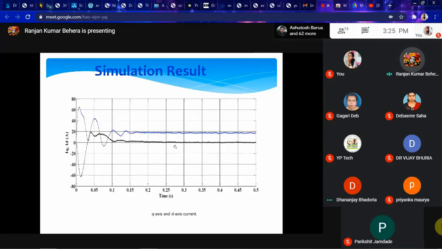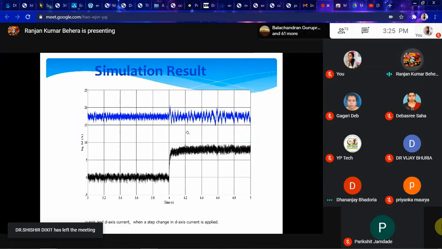And if you see the IQ and ID, they are decoupled. You can see that one is showing 0, another one has some value. So similarly, IQ and ID, you see here, when you are changing the IQ, it doesn't affect ID. If you are changing ID, it doesn't affect IQ.